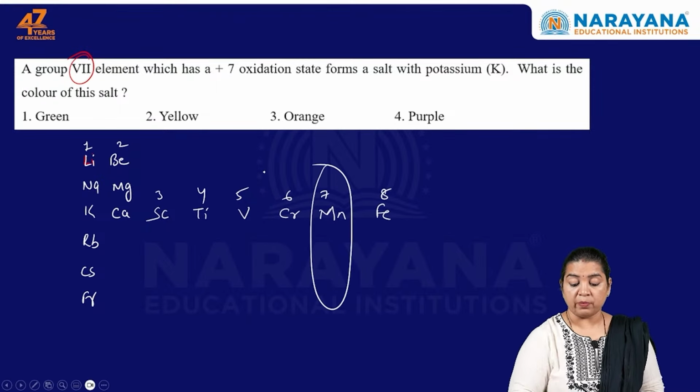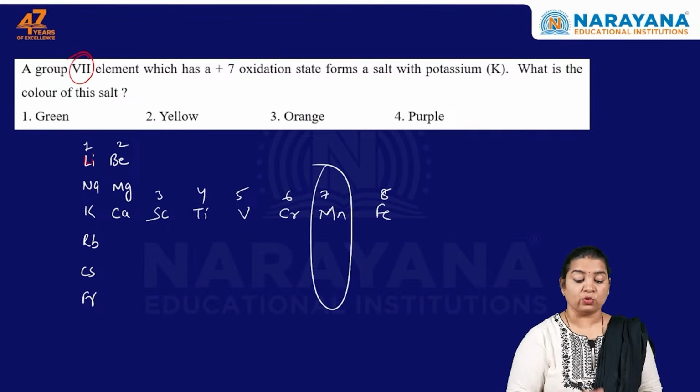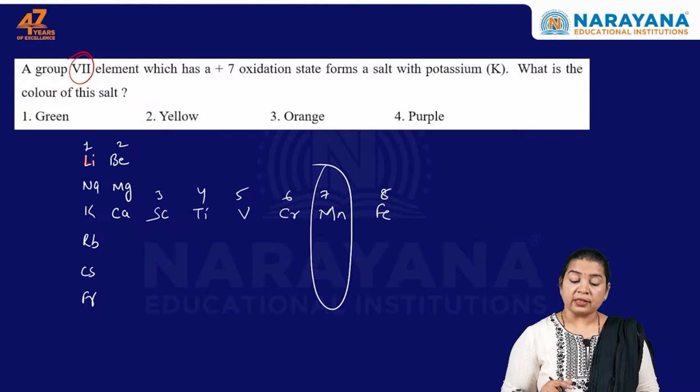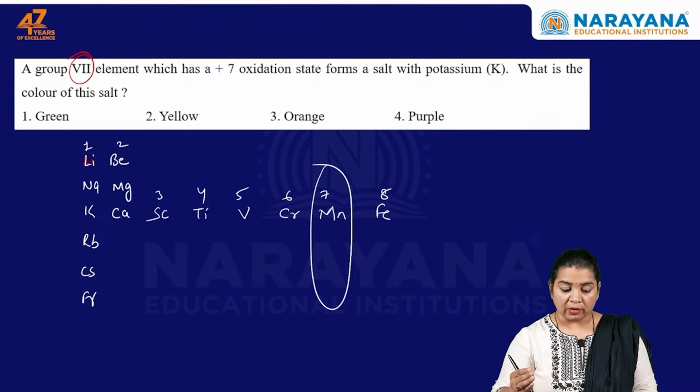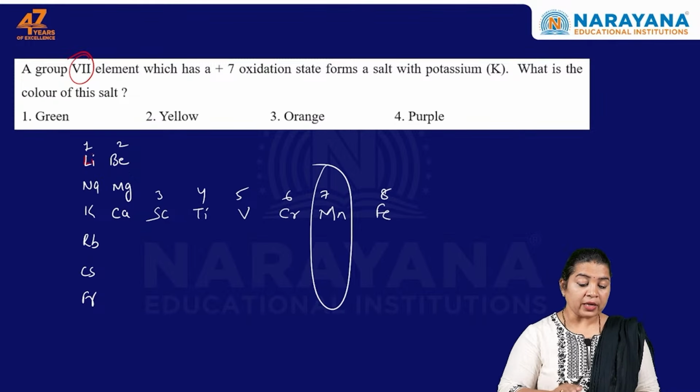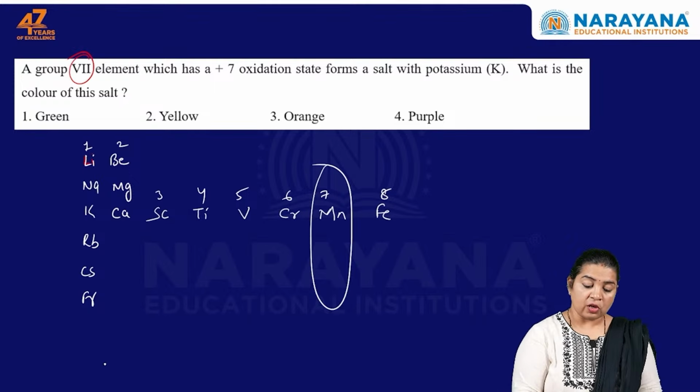So, we are being asked about this manganese group. Okay? A group 7 element which has a +7 oxidation state forms a salt with potassium. What is the color of this salt?